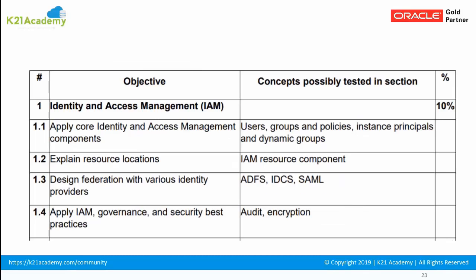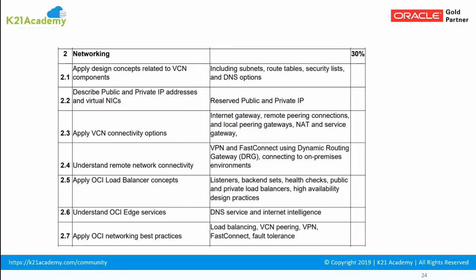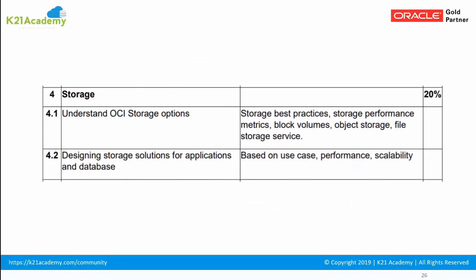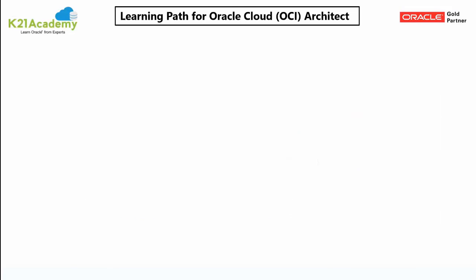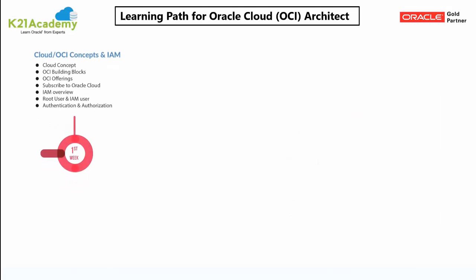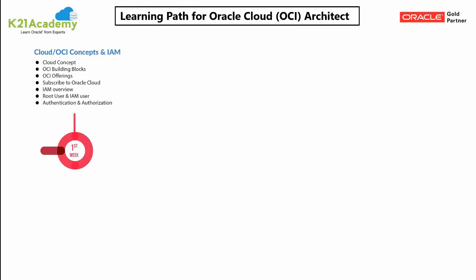So in a nutshell, 5 topics: identity and access management, networking, compute, storage, and databases. Now, if you look at the learning path, which I've already covered in a free masterclass at k20academy.com/OCI02, in our training program we have divided these entire 5 topics into an 8-week program.